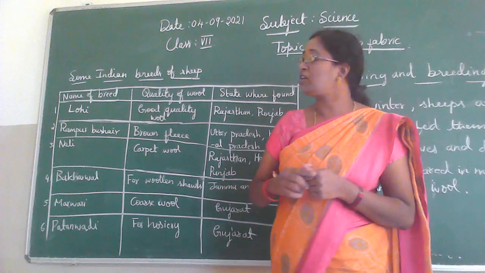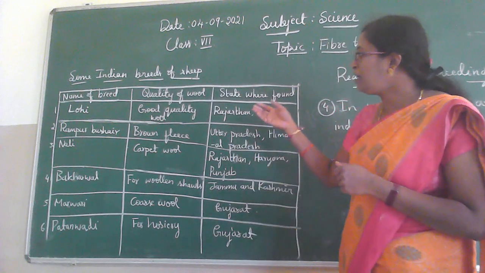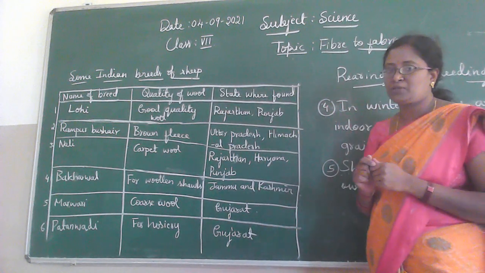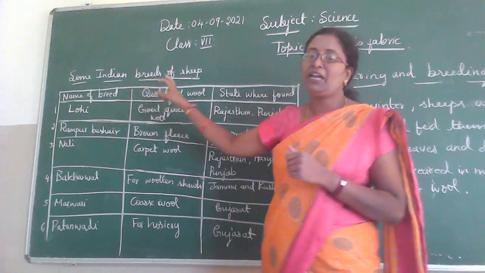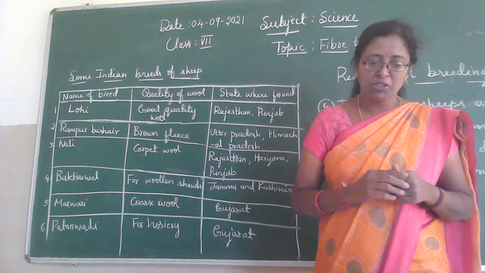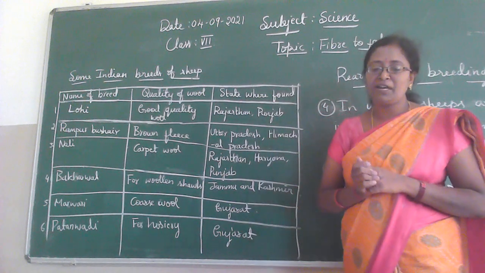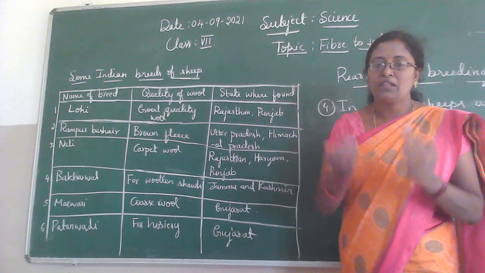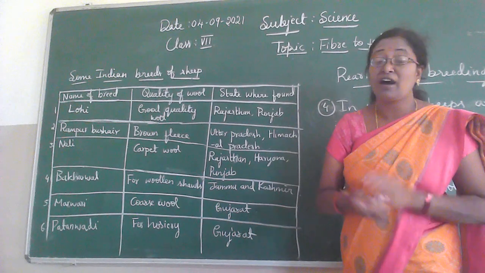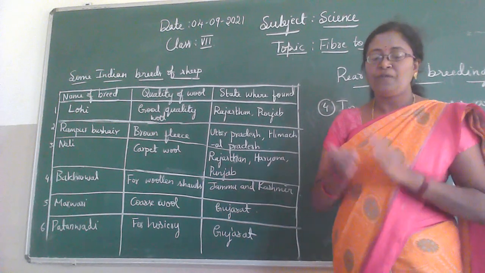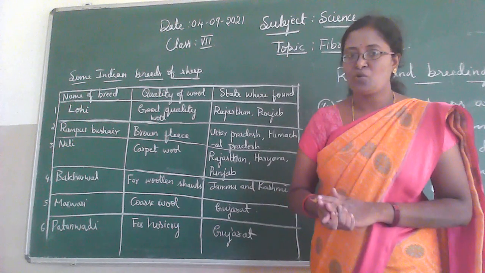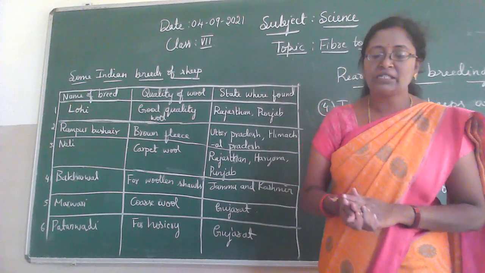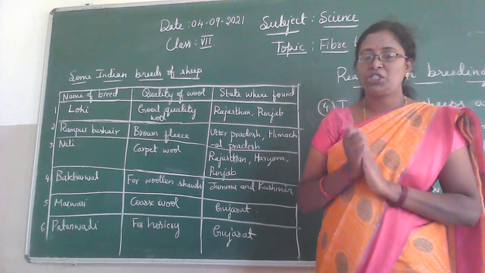Children, do you understand? So these are some Indian breeds of sheep. This table shows some Indian breeds of sheep, children. Certain breeds of sheep have a thick coat of hair on their body, not all.